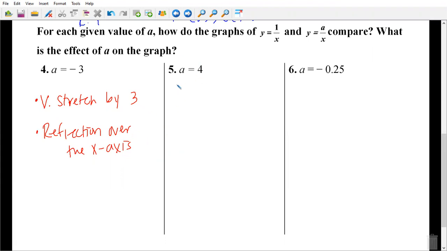All right, what happens with example 5? A equals 4. It's just a vertical stretch by 4. Perfect. All right, example 6, what happens? Perfect, reflection over x.